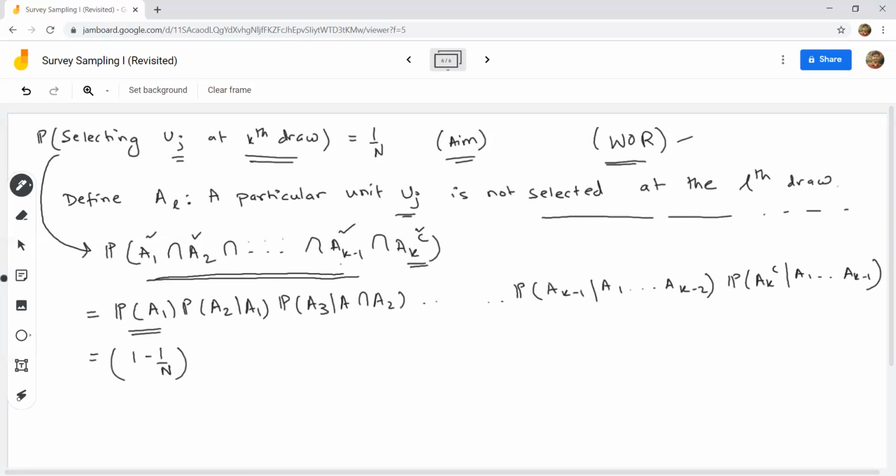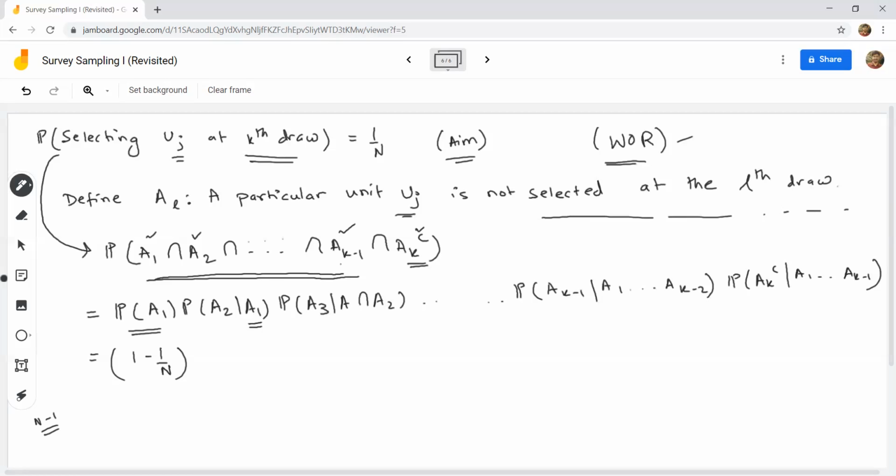Yes. Now, given A1, meaning that it has not been selected in the first draw, what is the probability that it is also not selected in the second draw? Now in your population, you have capital N minus 1 elements, right? Because one element has been selected, which is other than uj.